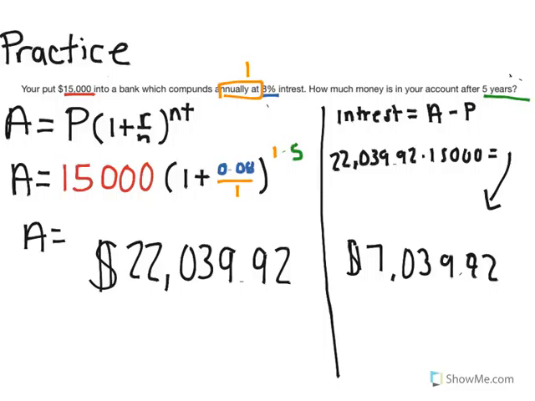You only keep the last 2 decimal places because when it comes to money you can't have more than 2 decimal places. And then to find my interest, I just did my A minus my P. So after subtracting $22,039.92 minus $15,000, I got $7,039.92, which is the interest I was paid.